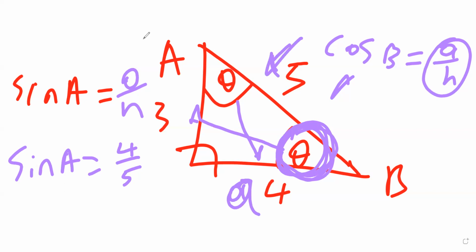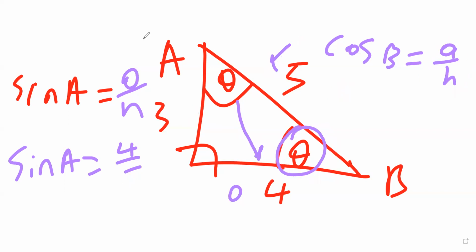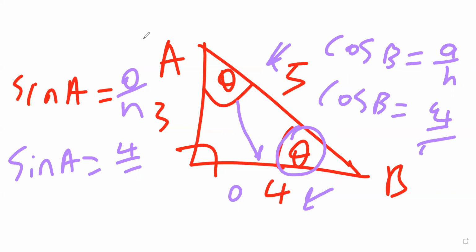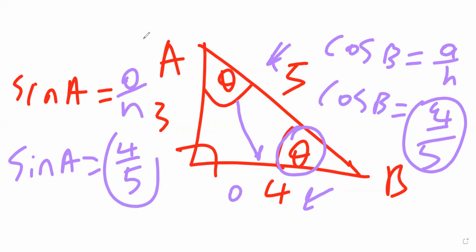And so if I substitute the dimensions into the cos ratio, I would have cos B equal to the adjacent, which is 4, over the hypotenuse, which is 5. And if you look at these ratios, we realize that they are the same.